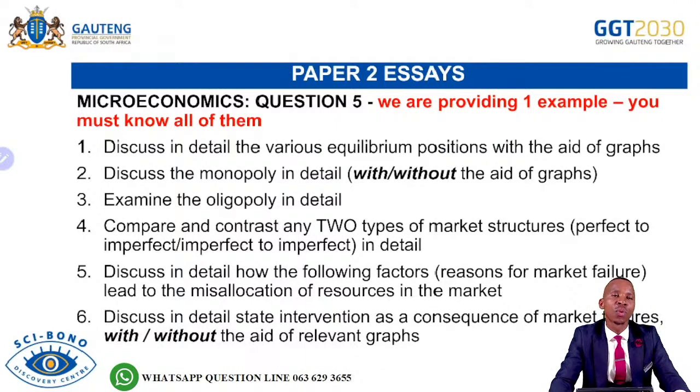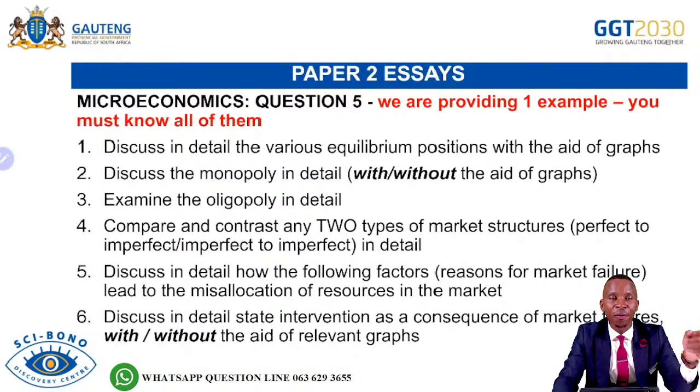So this essay is one of those important essays. In this case, you must be able to do what? You have your introduction, obviously, where you define the perfect market. And then if you talk about economic profit or supernormal profit, you need to provide conditions for the profit before you draw the graph. So you tell the marker or the examiner that economic profit occurs when the business generates more revenues than its cost.